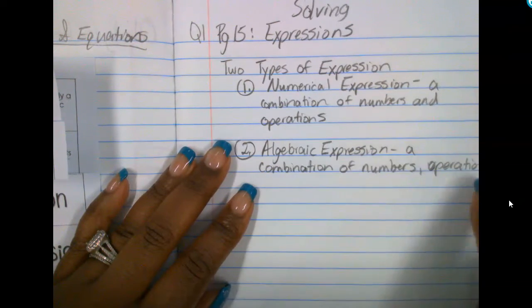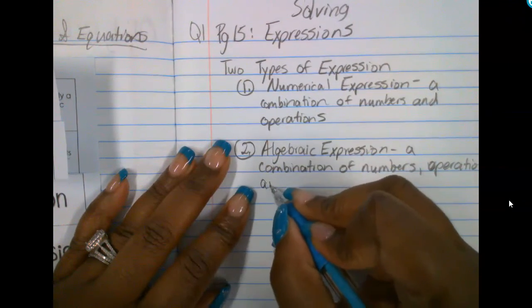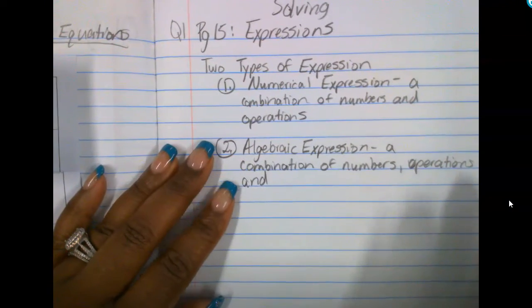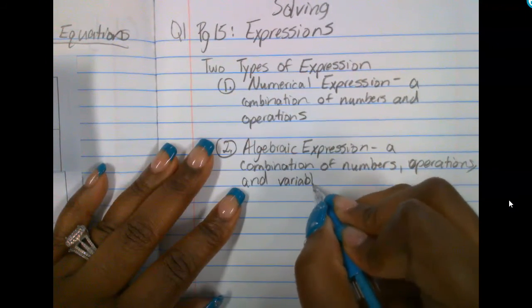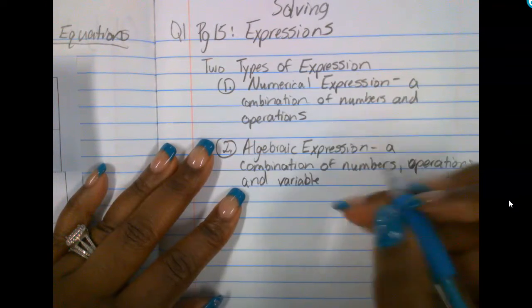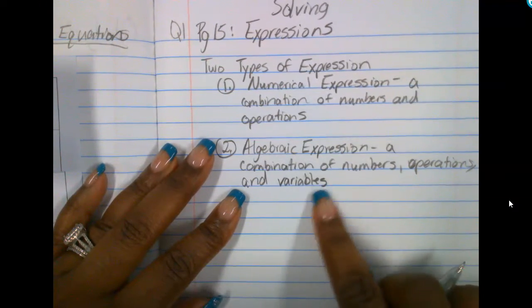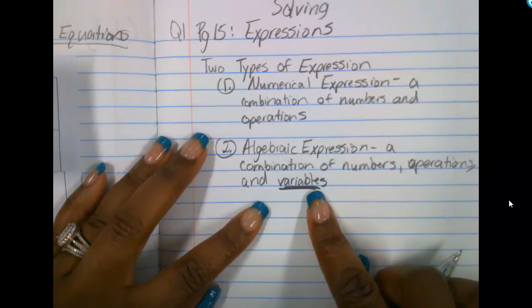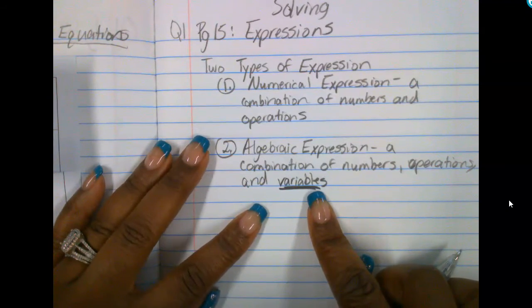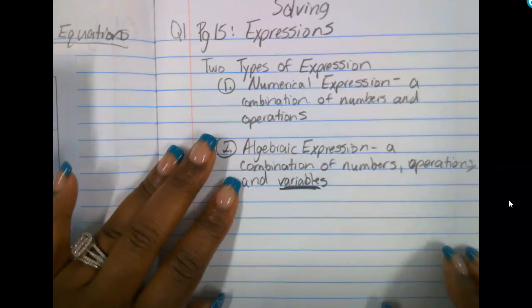They both have these two things in common: numbers and operations. But an algebraic expression has variables. That's the difference between the two. Numerical expressions do not have variables. Algebraic expressions have variables. Okay? Pause for the cause if you need to.